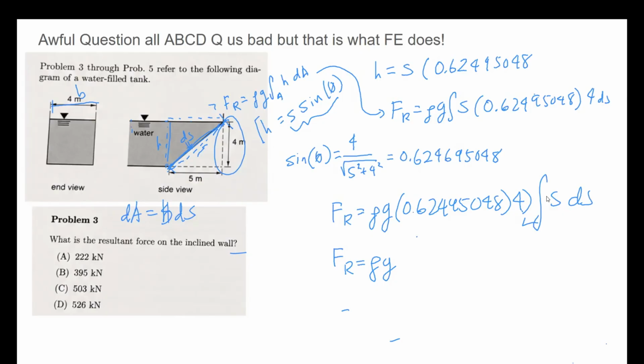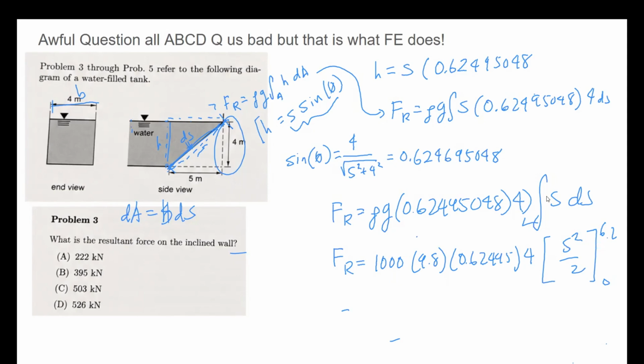So let me just grab my calculator and quickly put that in. It is 1000 for water, 9.8, and then 0.6249 multiplied by 4, and it's going to be bracket s squared divided by 2 from 0 to 6.24 something.